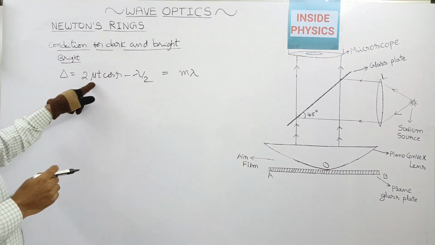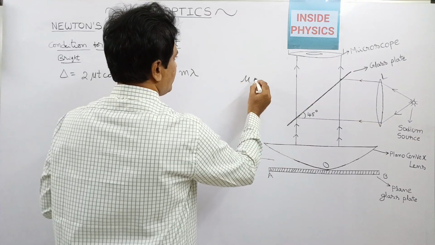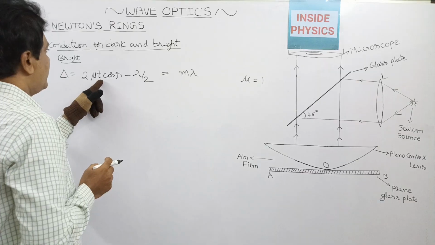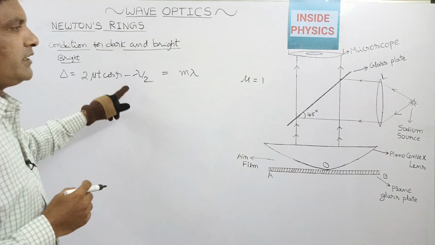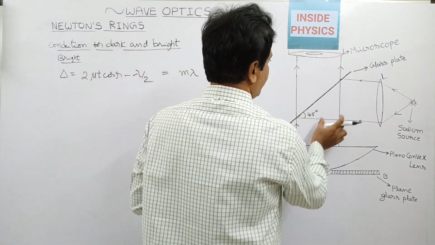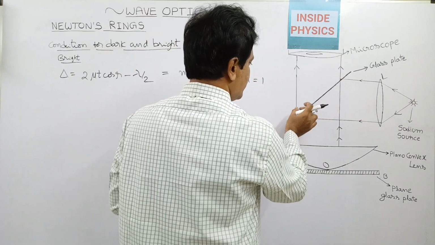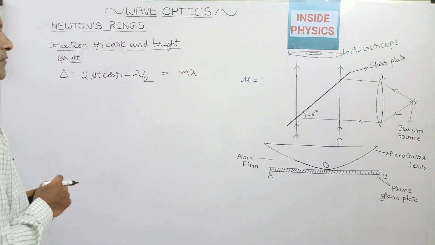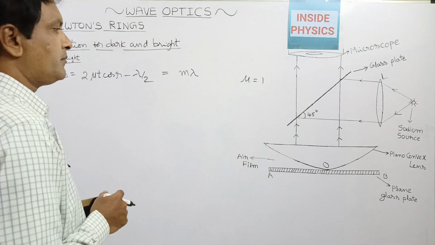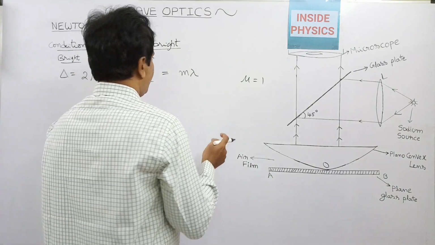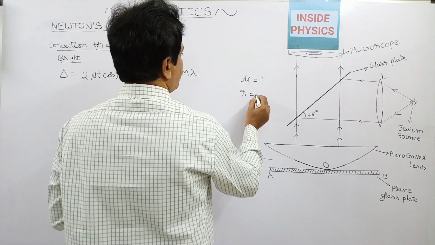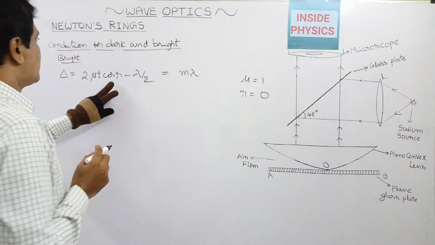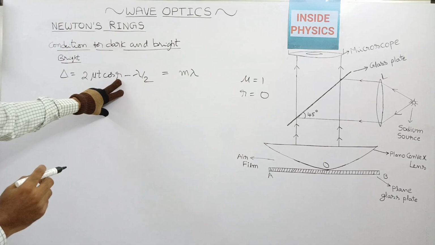See here, mu is the refractive index of air. We can take it as 1. t is the thickness of the air film. The incidence of the light wave from this glass plate is normal to the medium, so we can take it as normal incidence. When it is incident normally, r, the angle of refraction, is 0, so cos r becomes cos 0, which is 1.